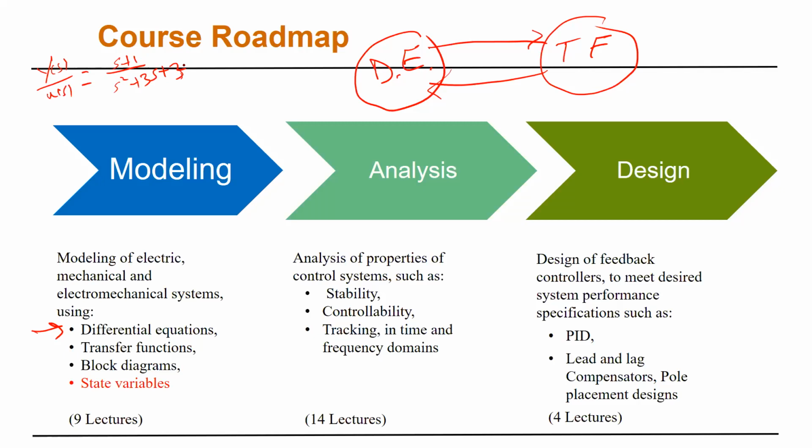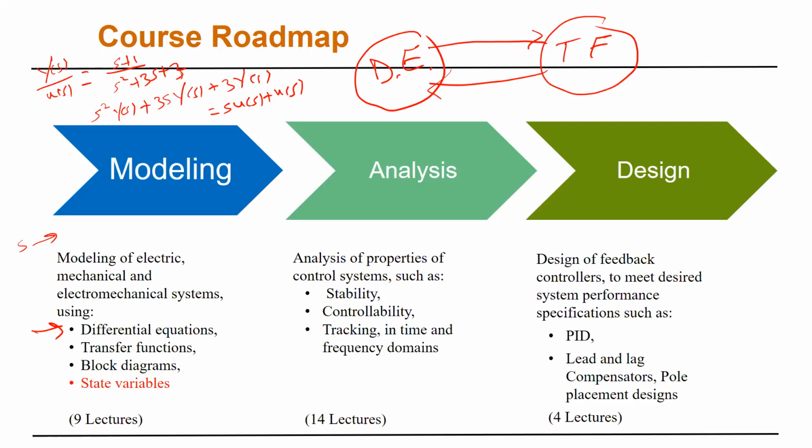Now, I want to convert this one into a differential equation. So what do I do? First of all, cross multiply. You will get s squared y of s plus 3 s y of s plus 3y of s equal to s u of s plus u of s. Remember, s corresponds to what in the time domain? Differentiation.